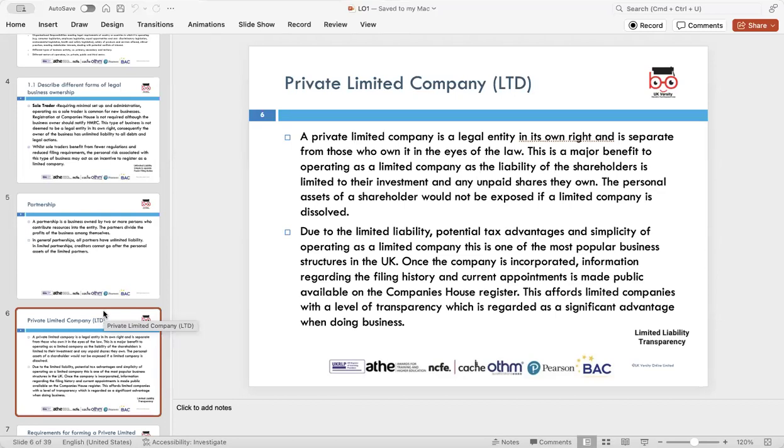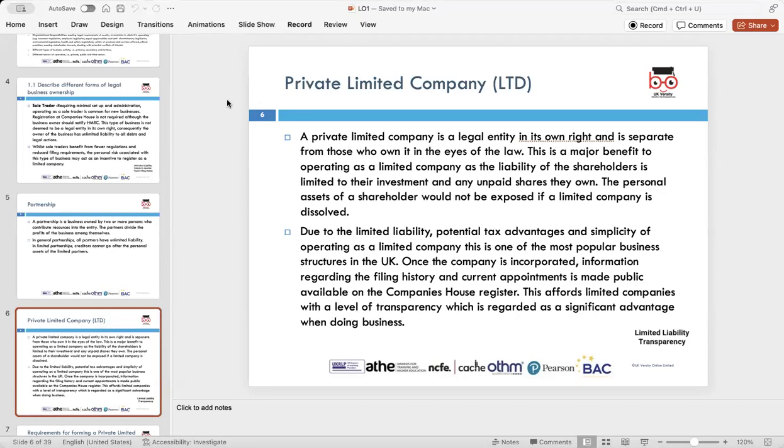When a limited company is in operation, the responsibility of the shareholders is restricted to the amount of money they have invested and any shares that have not been paid for. This is a significant advantage. Even if a limited business were to be dissolved, the personal assets of shareholders would not be put at risk. The limited company structure is one of the most common types of business structure in the United Kingdom. So, are both of you from the UK?